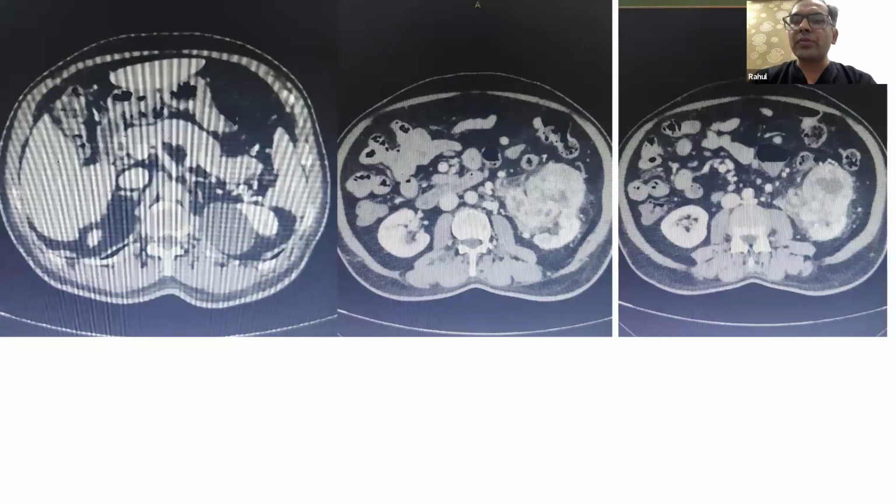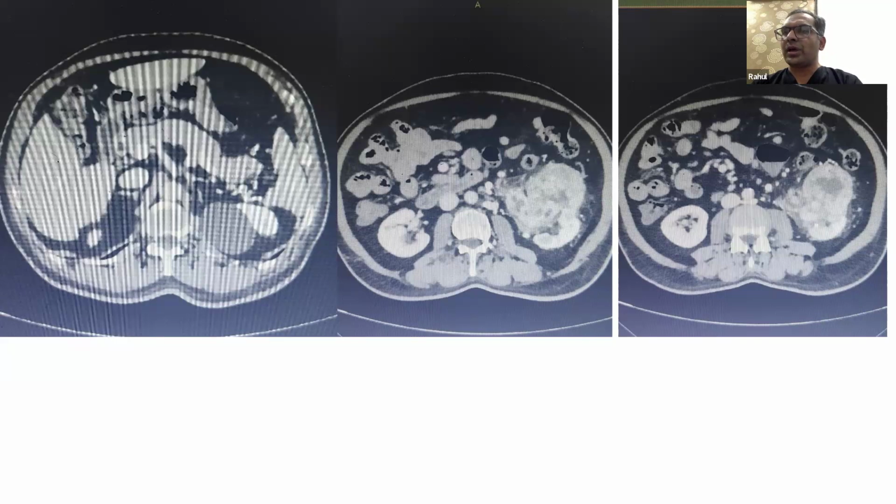Sir, these films look like a contrast enhanced film in which the right side of the kidney appears normal. On the left side of the kidney there is a solitary mass around 8 centimeter by 5 centimeter arising from the lower pole of the kidney going into the pelvic calyceal system with heterogeneous enhancement and some necrotic patches seen inside.